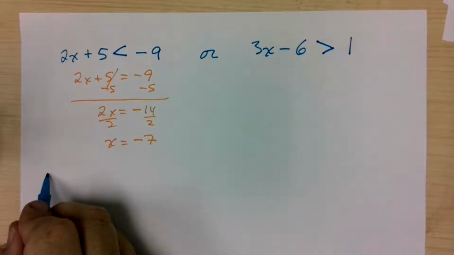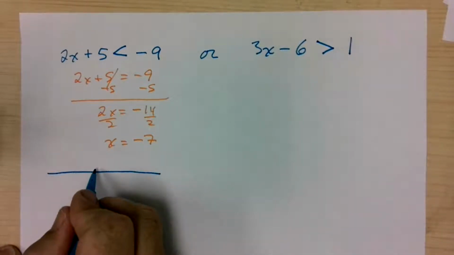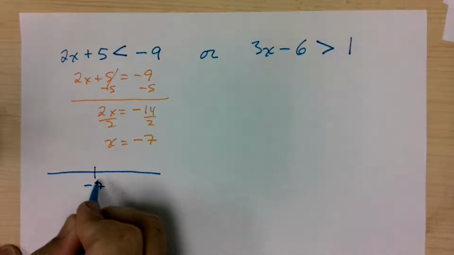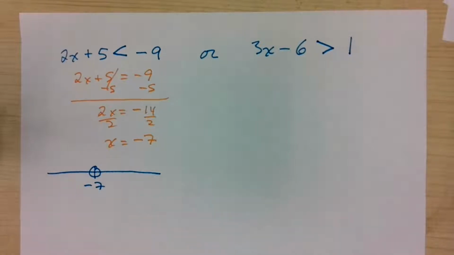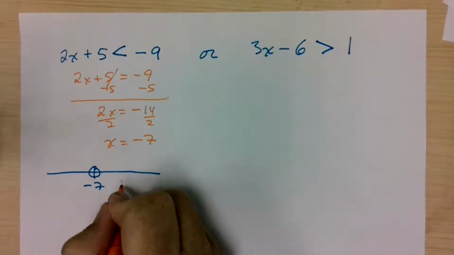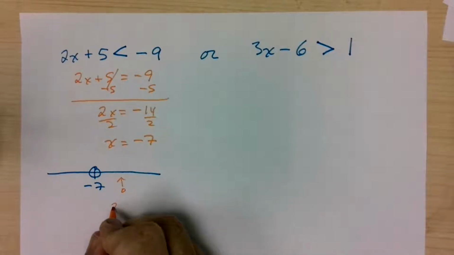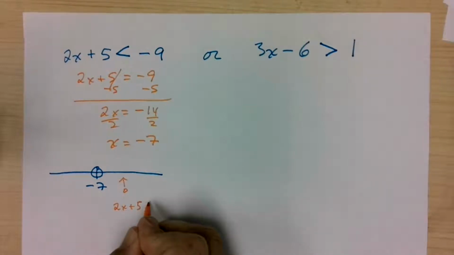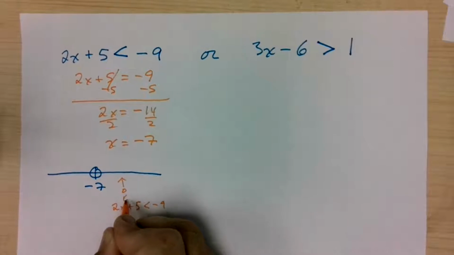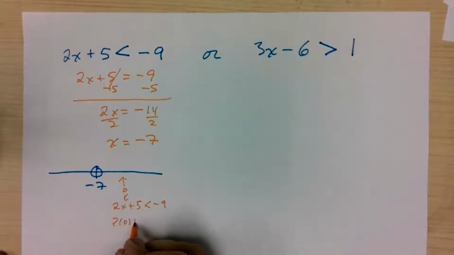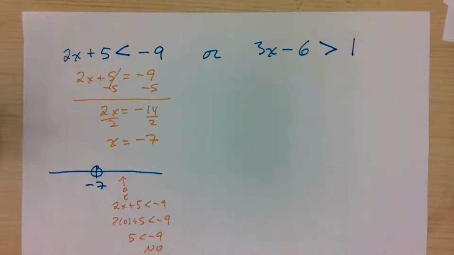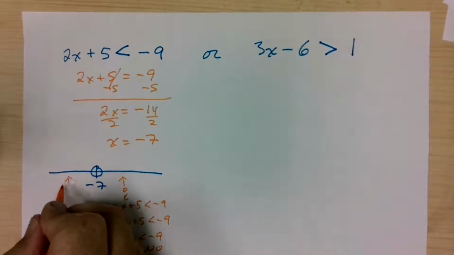We'll put negative 7 in the middle of this. Open circle. 0 is on this side. 2x plus 5 less than negative 9, plug in 0. 2 times 0 plus 5 less than negative 9. 5 less than negative 9, no. Plug in negative 8 on this side.